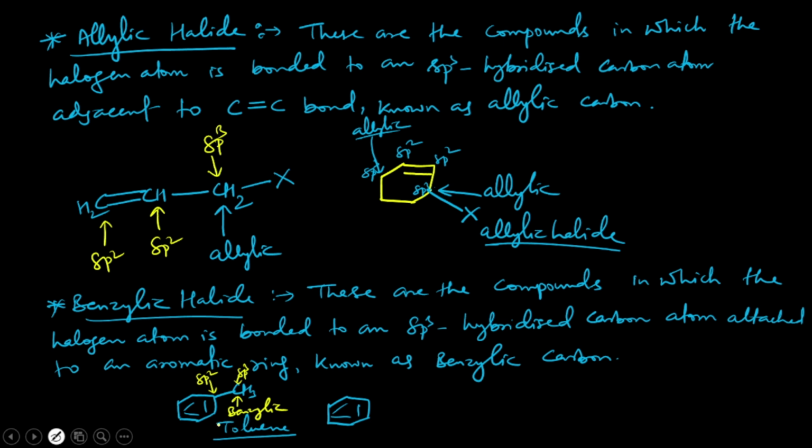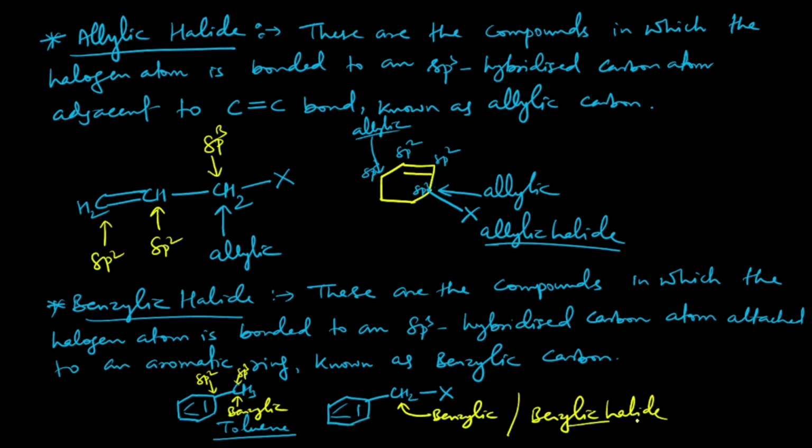So the question might be asked whether a benzylic position is there in toluene or not. In toluene, a benzylic position is there. Now if at this benzylic position you attach CH2 and then a halogen, this compound is known as a benzylic halide.